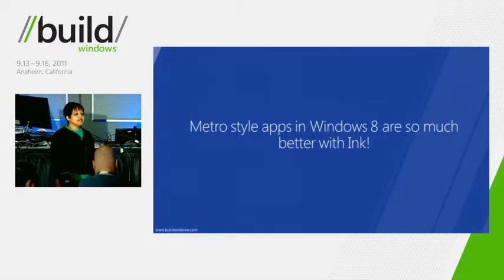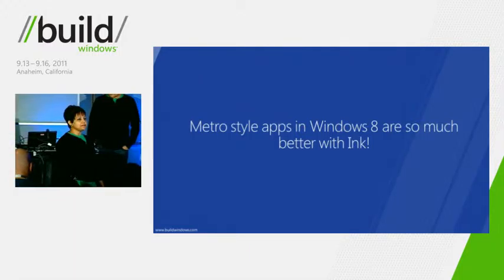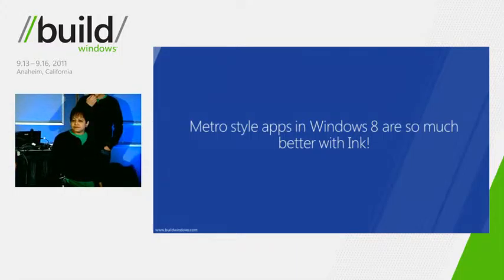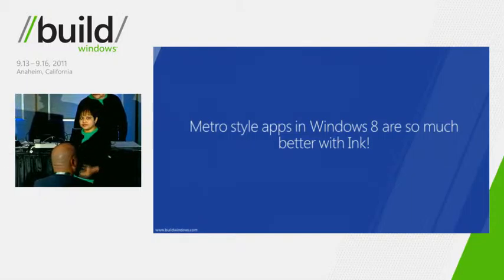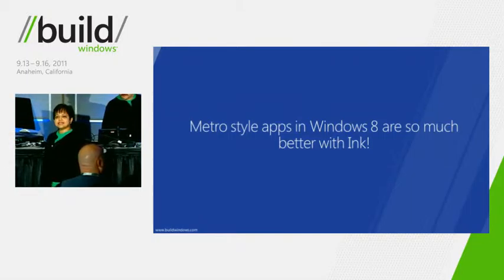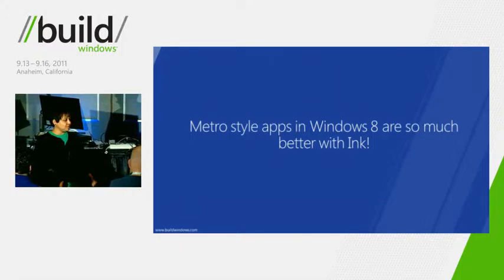So we created this new set of inking API, which provides you capabilities of creating note annotations, overlays, or create electronic whiteboard, or go the next step and create an app for the next Picasso. You have the power of pen with you.